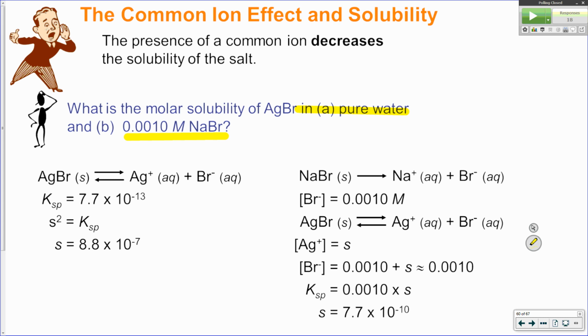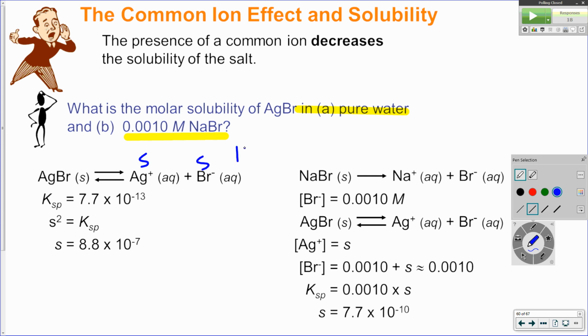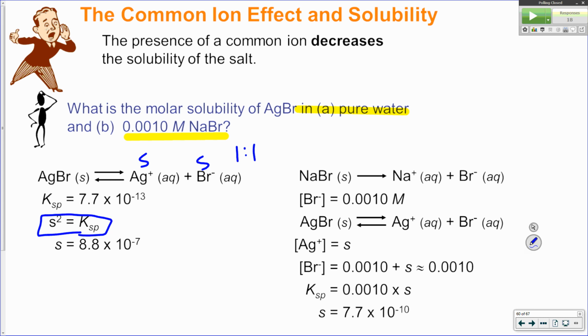So just in pure water, it's a 1-to-1 salt, and it's simple to do. KSP is equal to S squared, so S is equal to the square root of KSP. Solubility is 8.8 times 10 to the minus 7th. Okay, so that's a straightforward, simple one, just like the one that we just did with silver chloride.